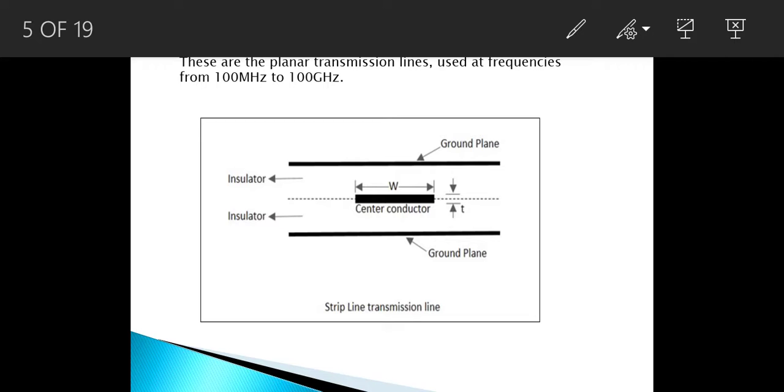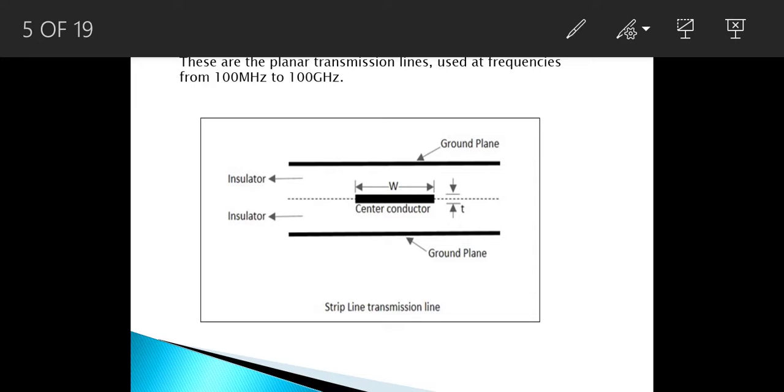A strip line circuit uses a flat strip of metal sandwiched between two parallel ground planes. The insulating material of the substrate forms a dielectric. The width of the strip, the thickness of the substrate, and the relative permittivity of the substrate determine the characteristic impedance of the strip, which is a transmission line.